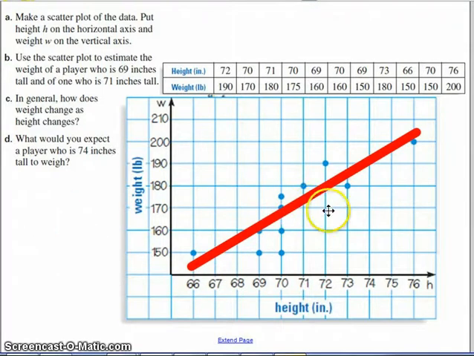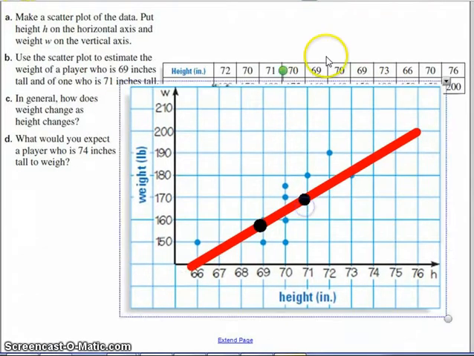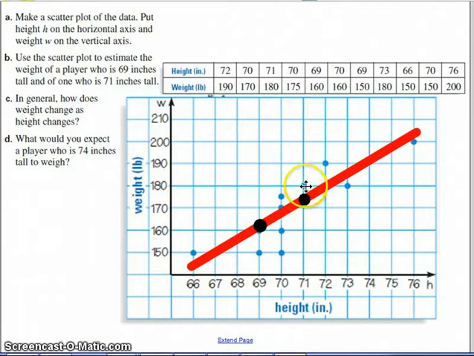But if I had created this line and I were asked to make a prediction about 69-inch tall and 71-inch tall players, I would plot those two x values, 69 here and 71 here. I would say that a 69-inch tall player would be about 161, 162 pounds. It turns out you actually do have one of those. But then, like I said, you've got another 69-inch tall player who doesn't fit the pattern at all. Similarly, for 71, you don't have anybody that's all that close to your line.